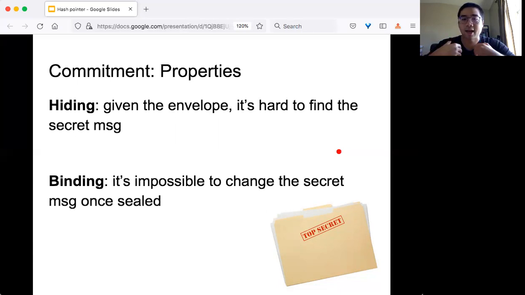So I commit to this message once I seal the envelope. Okay, two properties: hiding and binding. And one of the properties is related to the collision resistance we talked about beforehand. So take a moment to think about which property is related to collision resistance.